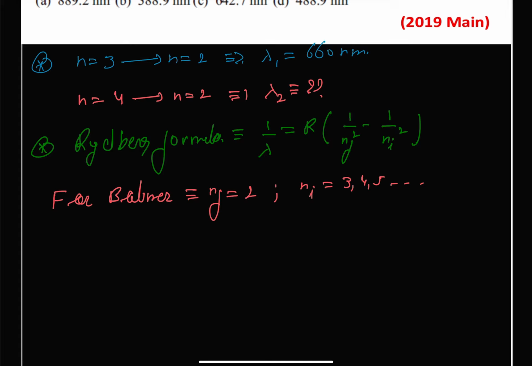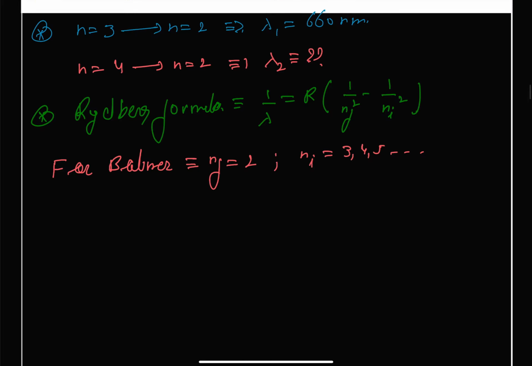And therefore we can modify the Rydberg formula. We can write this as 1 upon lambda is equal to R times 1 upon 2 square minus 1 upon ni square.